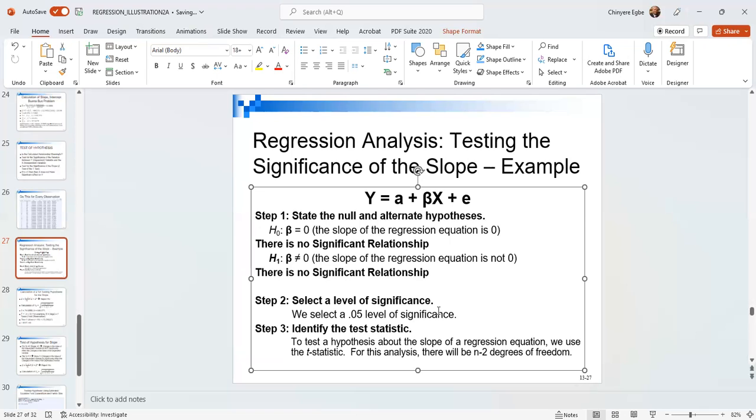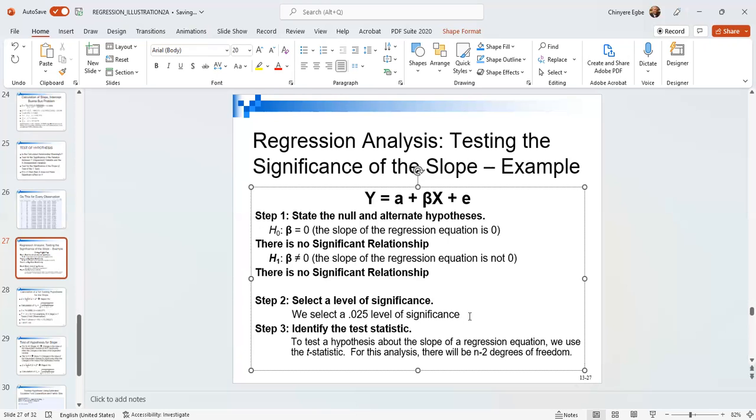All right. Okay. Now, once you state the null and alternate hypothesis, you state a level of significance. Since we're using the z-test, we identify a test statistic. So let me, for the sake of this argument, use 0.05.